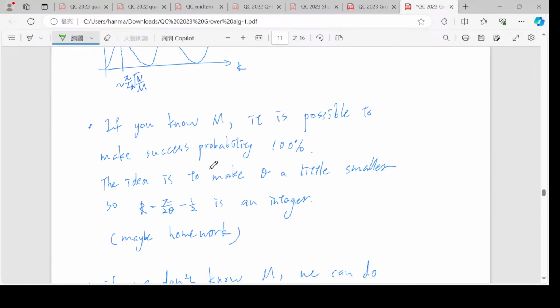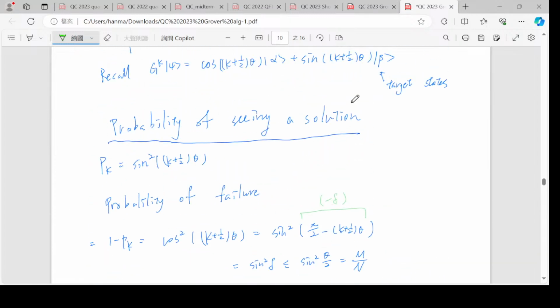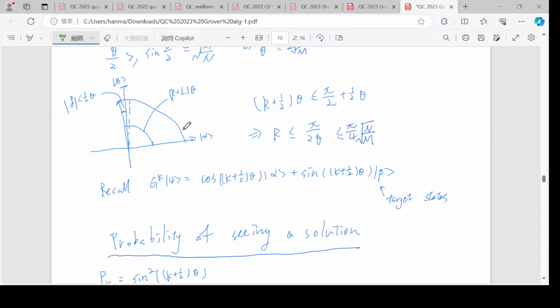But let's talk about the good part. If you actually know m, you can even get rid of this error. If you know m exactly, then you can adjust your algorithm a little bit. You try to make this angle theta a bit smaller, so that when you rotate r times, this delta will be 0.